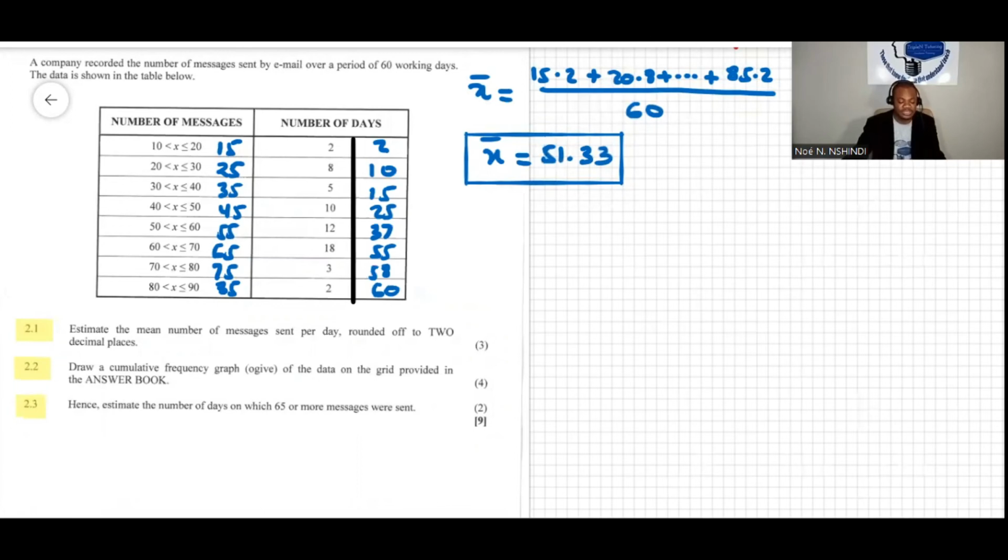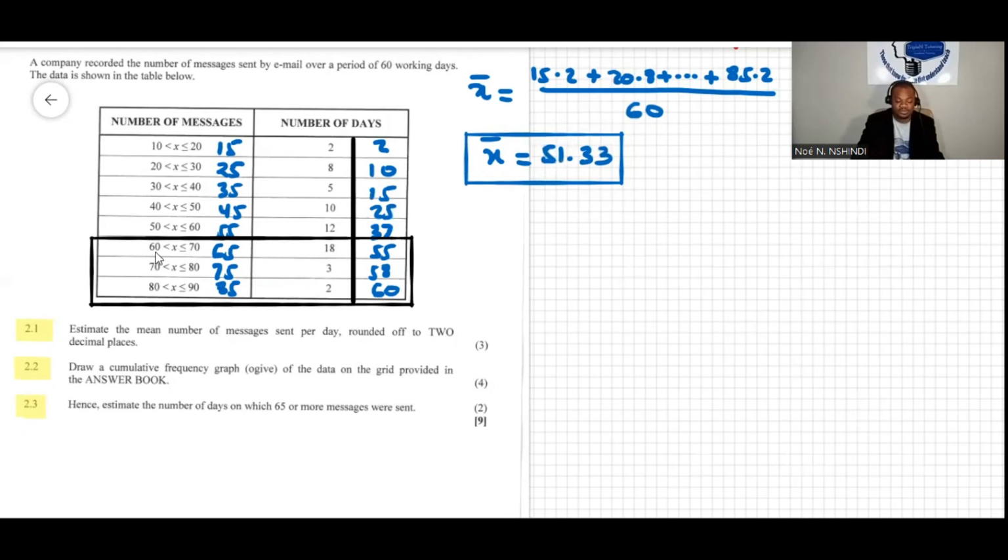So now I need to look at the interval where 65 or more are. So 65 or more must be somewhere here, because over there it's less than 65. From here, in the middle value, 65 is somewhere there, and then more is there. So we can just consider the frequency here.